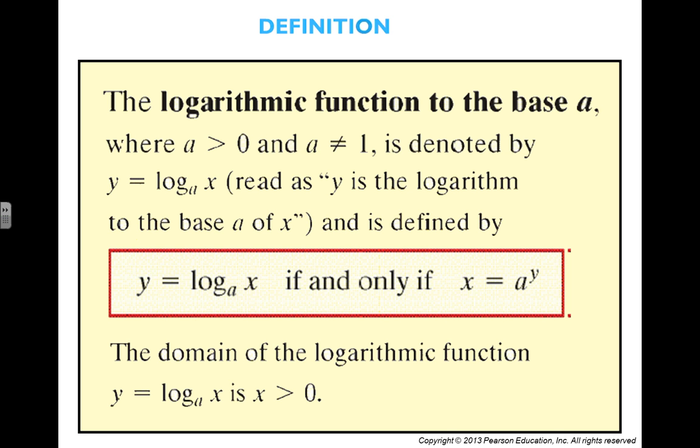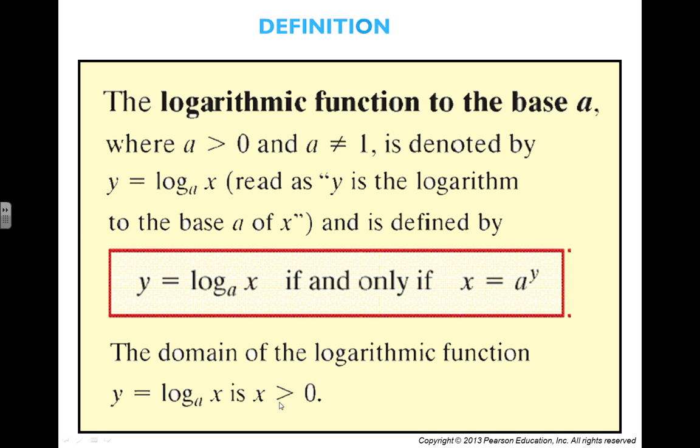Okay, so you guys definitely have to write this down. y equals log with a subscript a of x, if and only if x is equal to a to the y. a is our base, y is our exponent, and x is our answer.